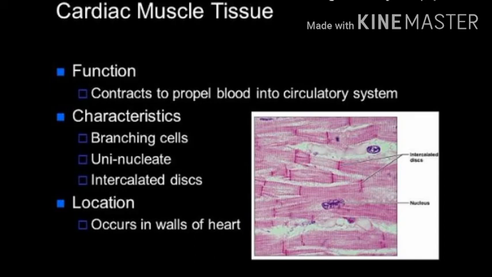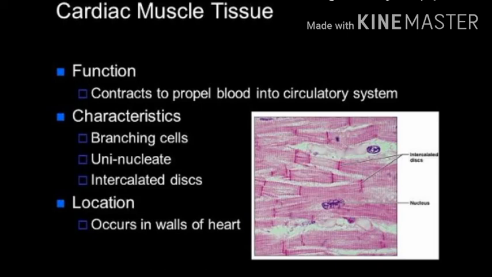The cardiac muscles are made up of cells that are branched. They contain only one nucleus per cell and they have a special feature called intercalated discs that are present in between the cells.